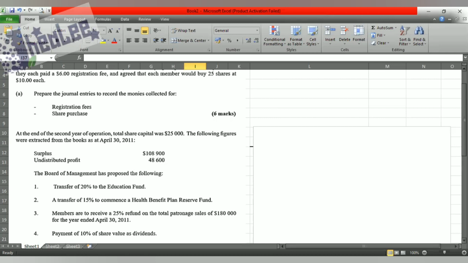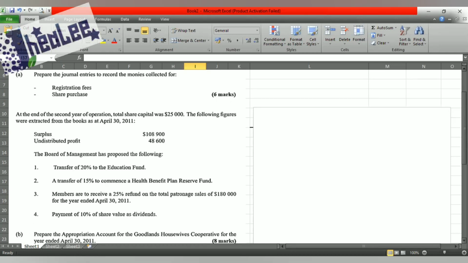The Board of Management has proposed the following: one, transfer of 20% of the surplus for the year to the education fund; two, a transfer of 15% to commence a health benefit plan reserve fund; three, members are to receive 25% refund on the total patronage sales of 180,000 for the year ended April 30th, 2011; and the fourth one, payment of 10% of share value as dividends.